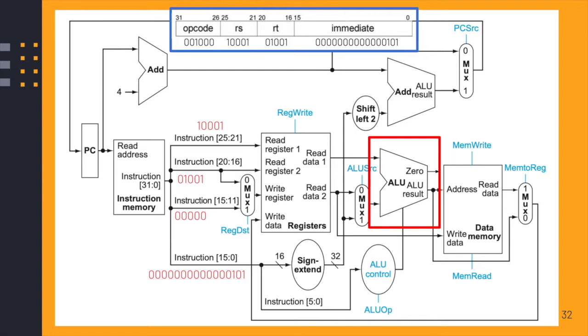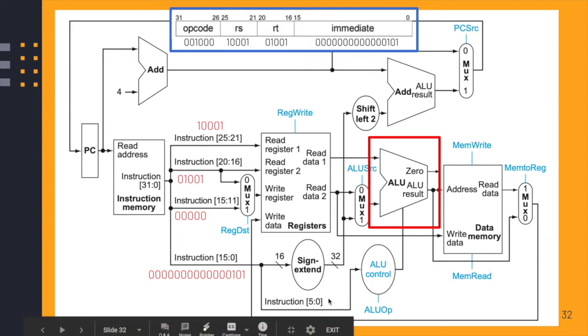But guess what? All R-type instructions have the same opcode, so I need to have secondary data to help me figure out which instruction I need to perform in case I am an R-type instruction. That's why we have the function bits from 0 to 5 in an R-type instruction format.